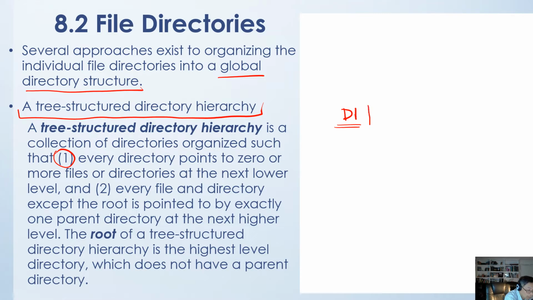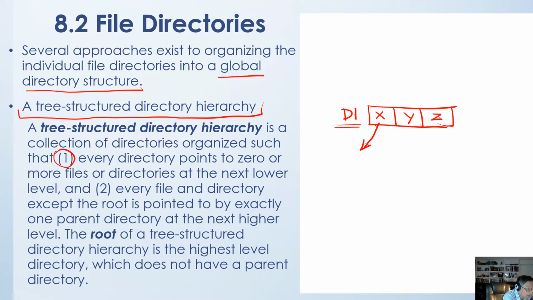So that directory contains a couple of files, let's say X, Y, Z. Each letter, X for example, represents a file name. It could represent a file or could represent another directory.